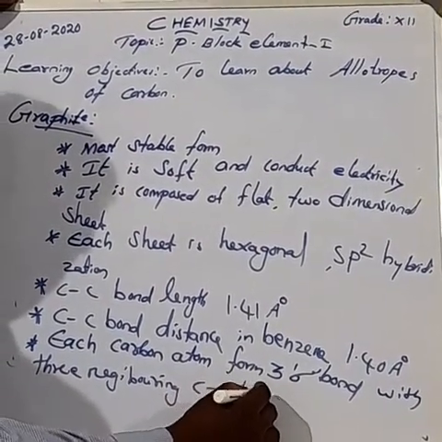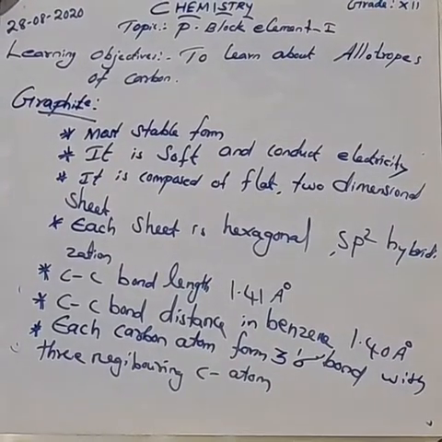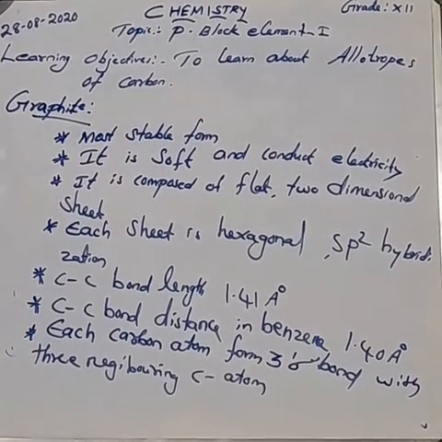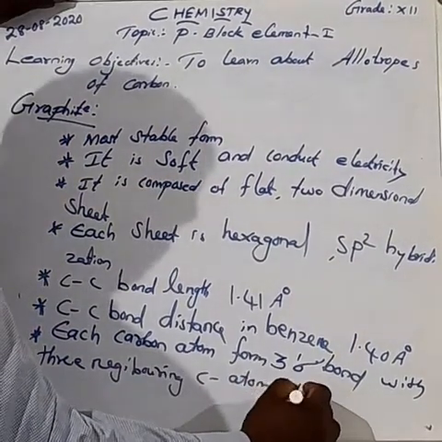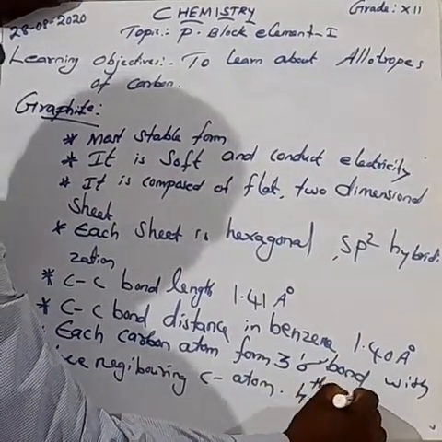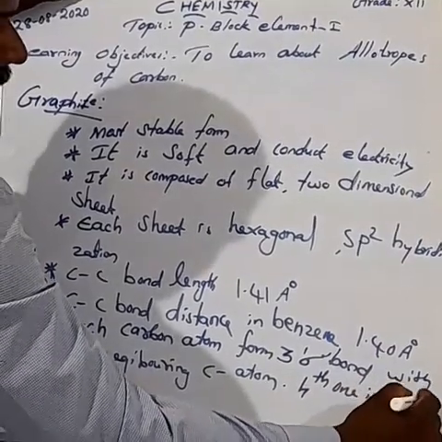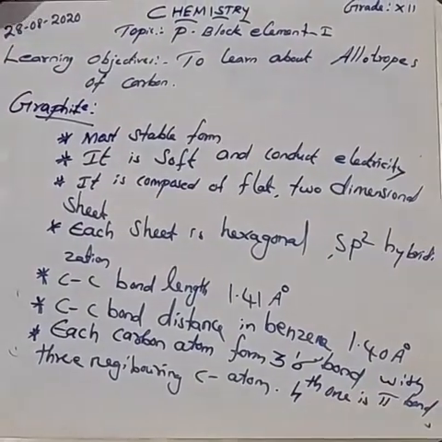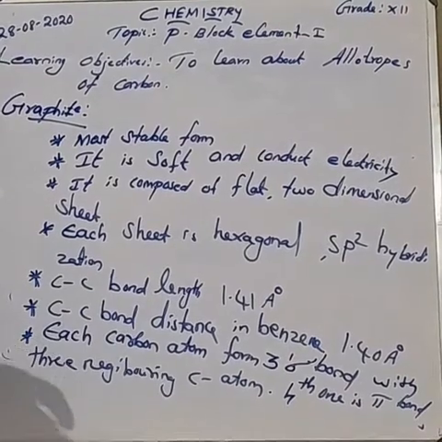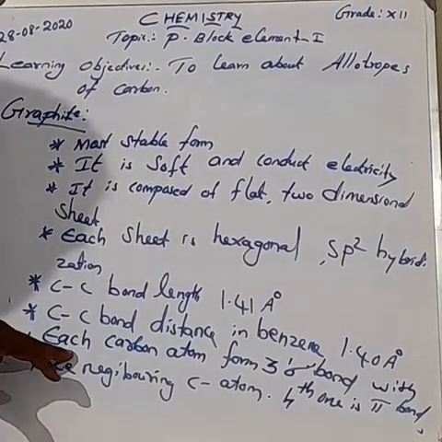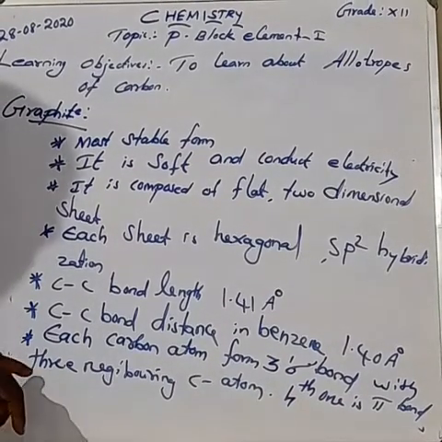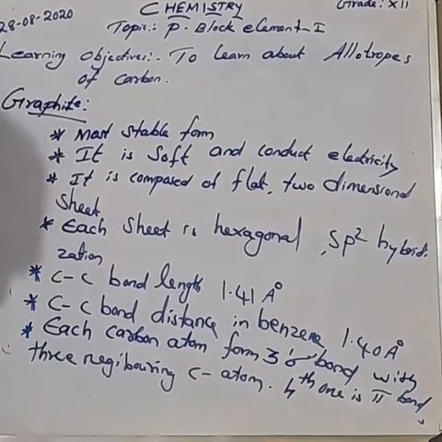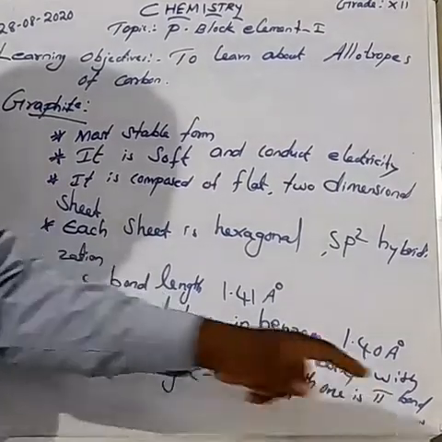The fourth electron is in an unhybridized p orbital and forms a pi bond.